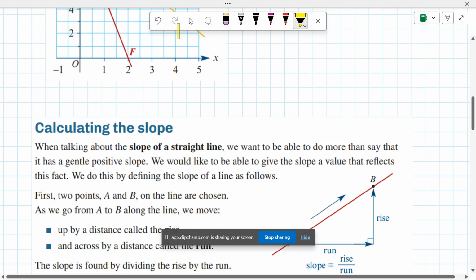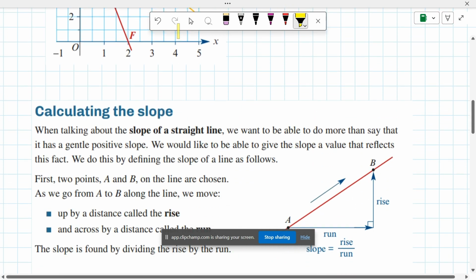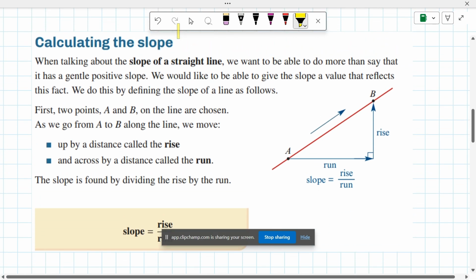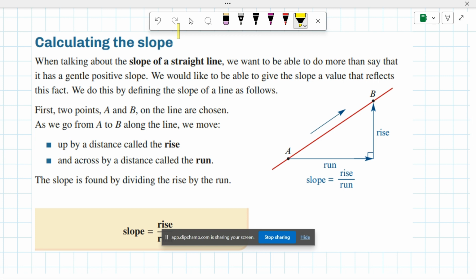We're going to calculate the slope. As long as we know how to calculate the straight lines, we're going to try to set up our gradient. For the slope of the straight line, or the gradient of the straight line, we always want to say first whether it is positive or negative.